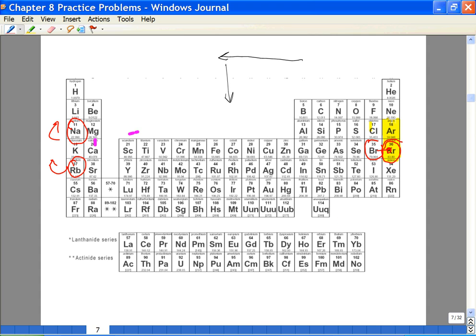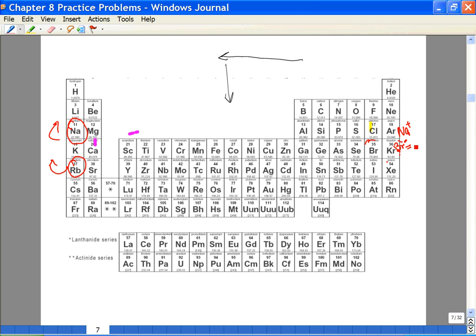So, let me represent this where it's a little bit more clear. This is what the sodium ion looks like. This is what the bromine anion looks like.